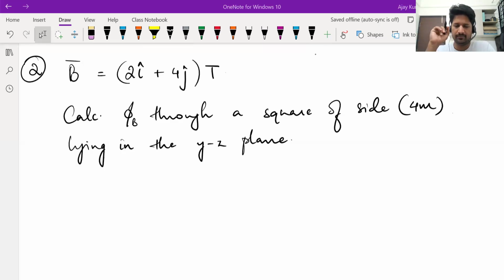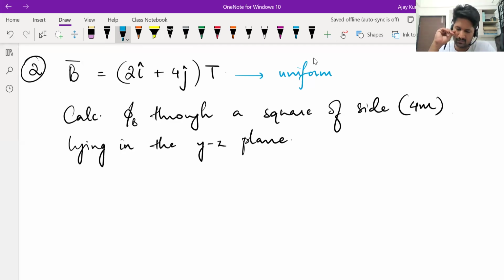That's one possibility. Now this magnetic field here, 2i cap plus 4j cap, it's clearly a uniform magnetic field. It doesn't vary with distance or x coordinate or y coordinate. So the field will be in the same direction everywhere. In such cases, flux can be 0 only if the field lines are parallel to the surface, or as Shashank was saying, perpendicular to the area vector is also correct.